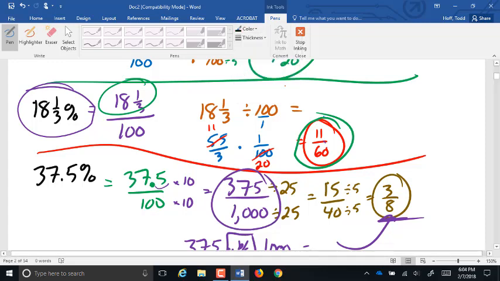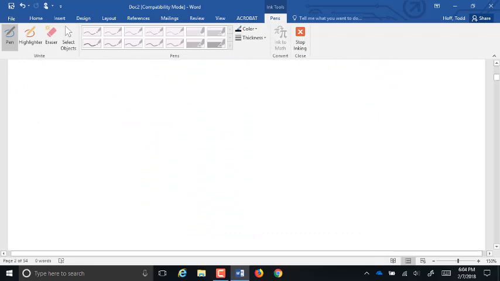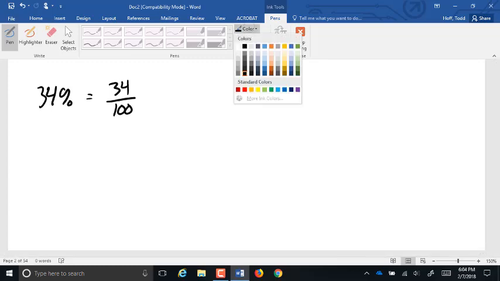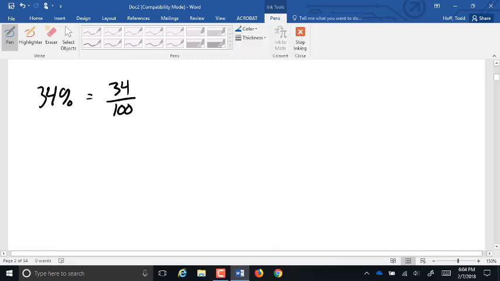Our next step, converting a percent into a decimal. We had 34%, which we said was 34 out of 100. Now, when we were converting to a fraction, we reduced it. To get from a fraction to a decimal, we just divide it out.